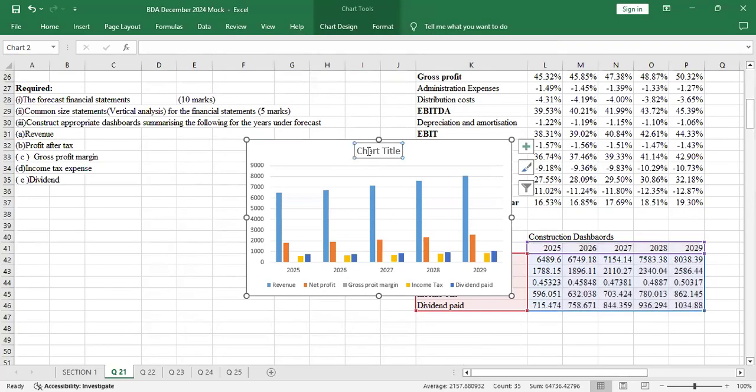Then for the chart title, just say dashboard presentation. Because I don't want to write everything like revenue, profit. Let me just say dashboard presentation, because the examiners already know what is required of you.